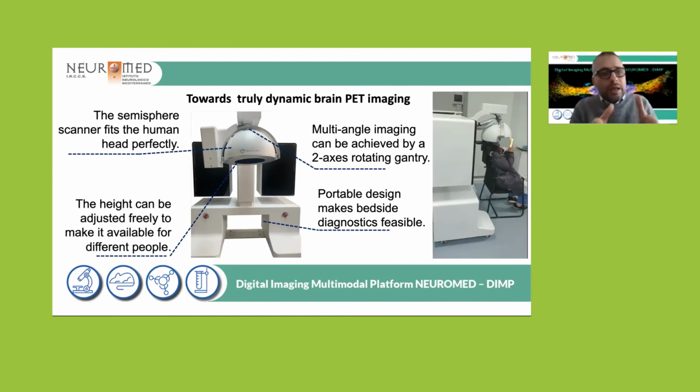In this case, we can have not only dynamic PET imaging, but dynamic PET imaging while the patient is freely moving or doing a specific action which may be linked to that specific disease. And out of that study, we see how that action could modify the specific uptake in that specific moment.